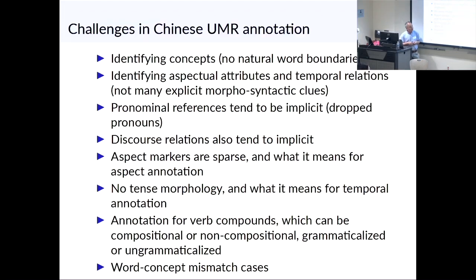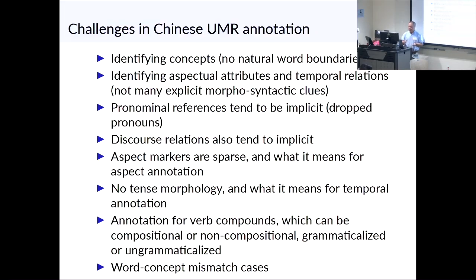If there's a verb compound, that means there is more than one word, right? And what is the relation between them? And is it compositional or non-compositional? So some of them become more idiomatic, or they should be understood together. And then you don't have all of these separated. You just create maybe one concept.